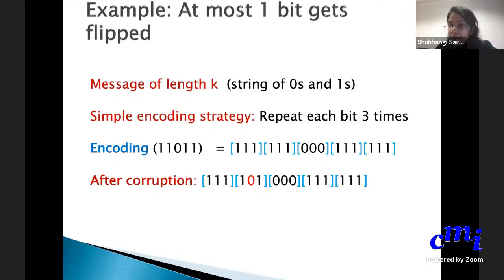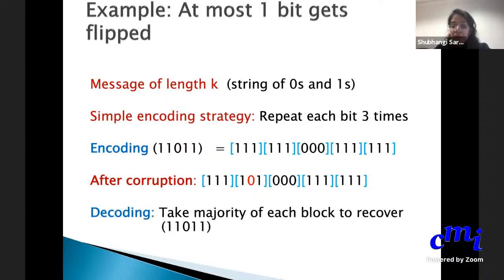And the nice property that this encoding has is that suppose later one of the bits got corrupted. Okay, so some 1 became a 0 or some 0 became a 1. That's not really a problem, because later when you want to recover the original data, there's a very simple scheme for recovering it. You can look at each block of 3 bits and take the majority vote from that block.